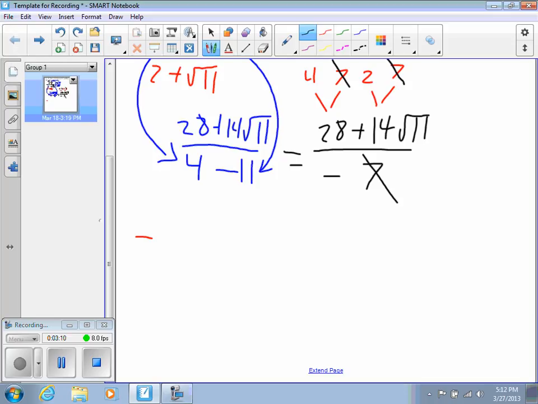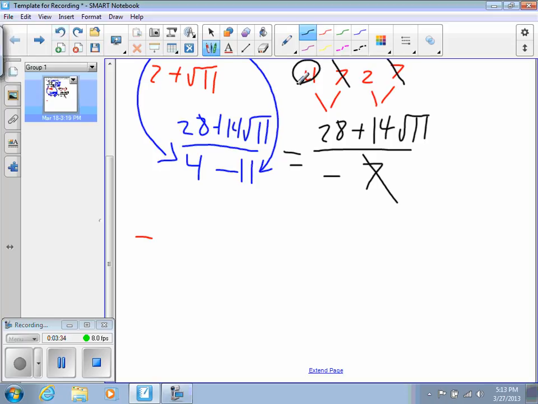So now my fraction is negative, and I have, oh, I don't have a fraction anymore because it's just a 1 left on the bottom. So I don't need a fraction bar. So I'm going to take out my fraction bar. And I now have negative, gee, what's left on the top?